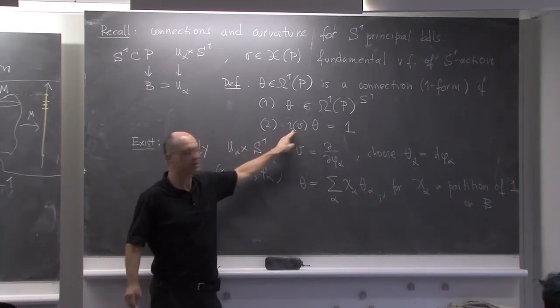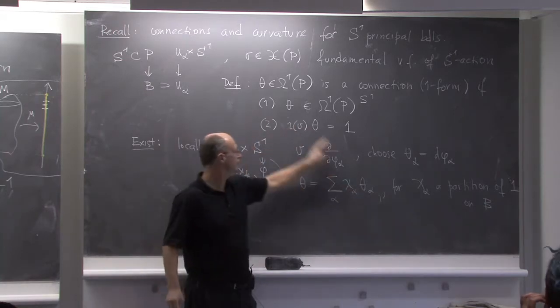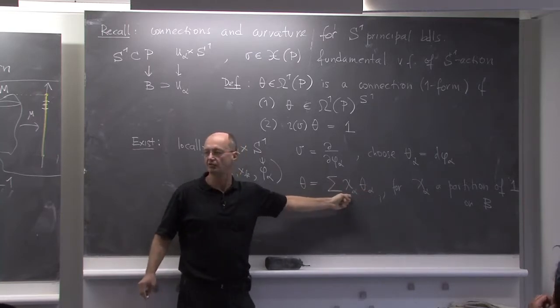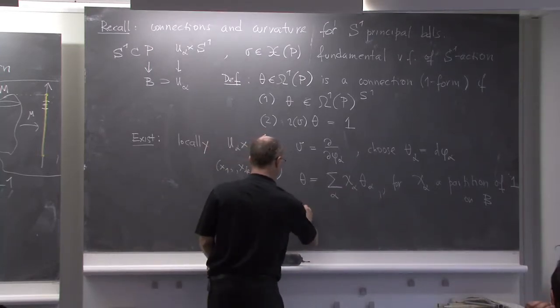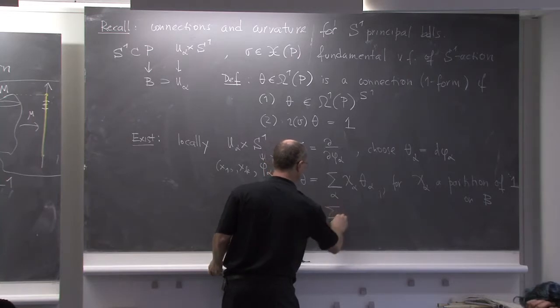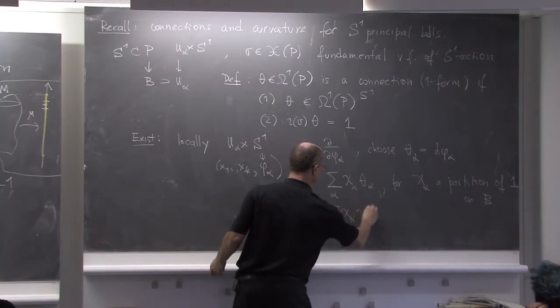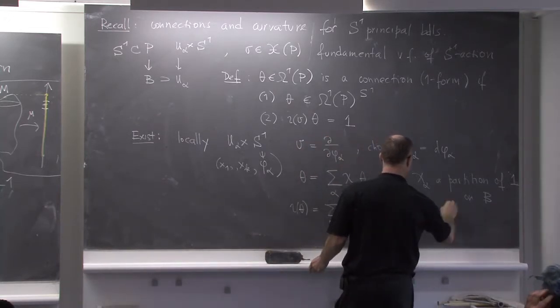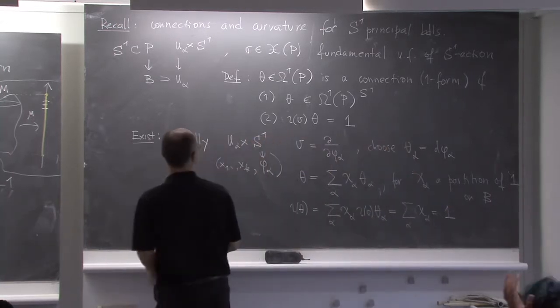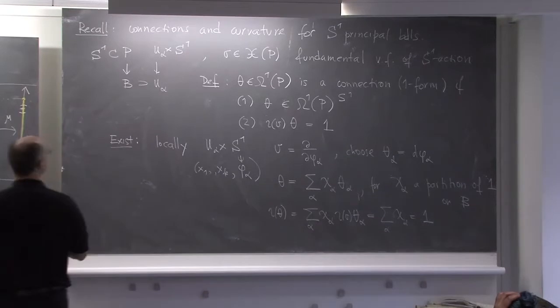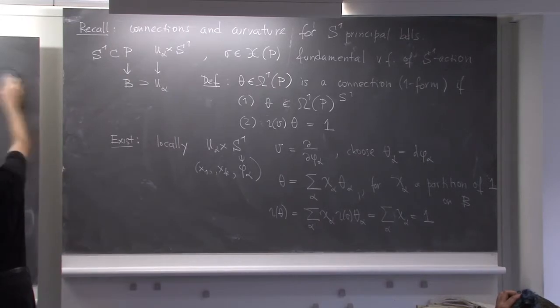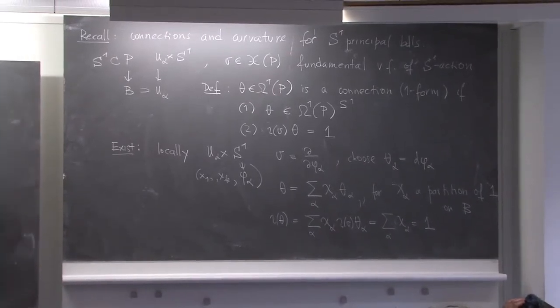And this identity is verified because for each theta alpha, you do get 1. And now you just get the sum of chi alphas, which is 1 because it's a partition of unity. So that's theta. So very well. So such one forms exist.